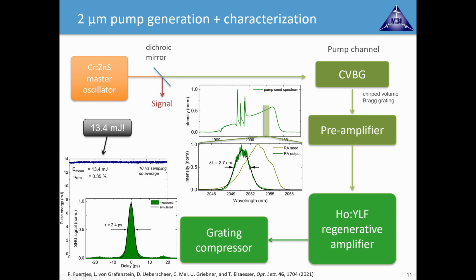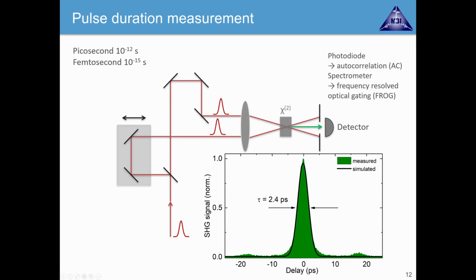As I don't know how familiar you are with pulse duration measurements in the pico- and femtosecond range, I just quickly want to recap how we measure this pulse duration. Photodiodes are just too slow. So what we do is build something that looks almost like a Michelson interferometer, where we have an input pulse which is split in a beam splitter into two replicas, and one arm is set onto a translation stage.